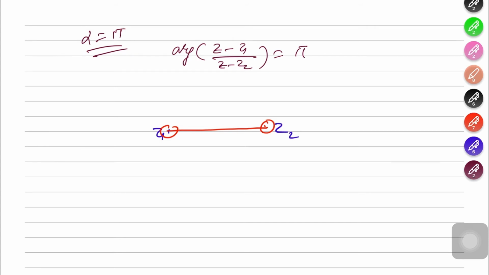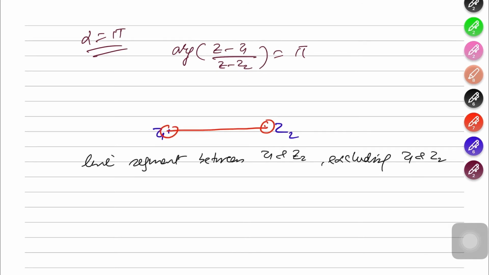So in this case, it represents a line segment between z1 and z2 excluding z1 and z2. Okay.